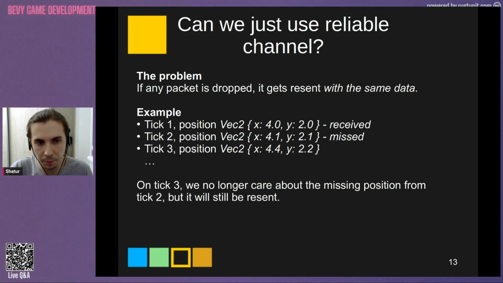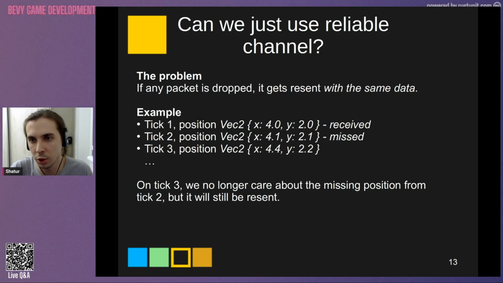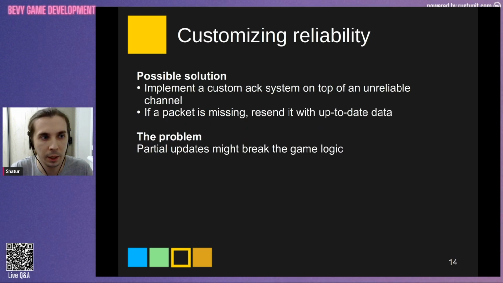And what will happen is that the backend will try to resend the position from tick 2 and the new position from tick 3. But we no longer care about the position that we had on tick 2. And this causes the problem. We just waste bandwidth for things we don't need. So we need some way to customize that reliability. How can we do this?